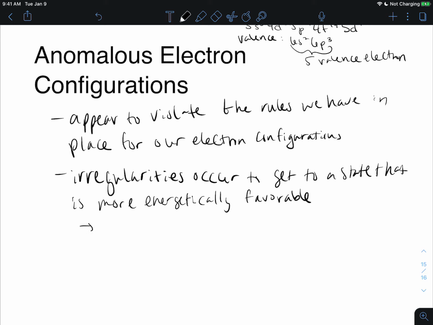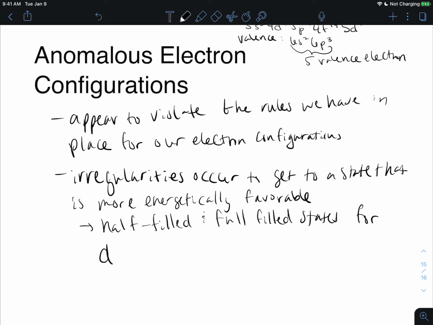So these are going to be half-filled and full-filled states for D block and F block elements. We only see it for our D block and our F block because of how close the S, the D, and the F orbitals are, and because of that, they can do a lot of mixing.